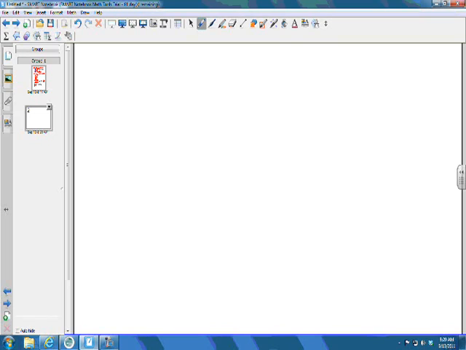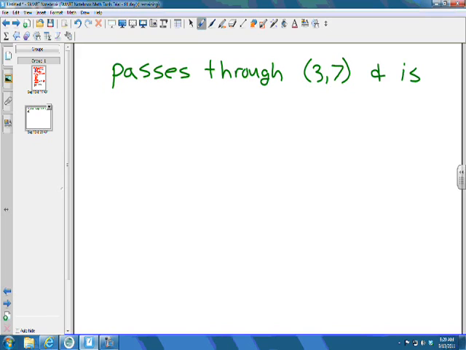So again, write the equation of the line that passes through 3, 7 and is perpendicular to the line y equals 3/4 x minus 5.